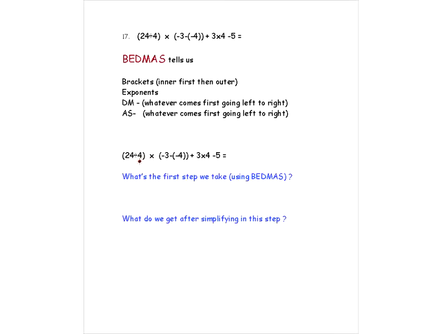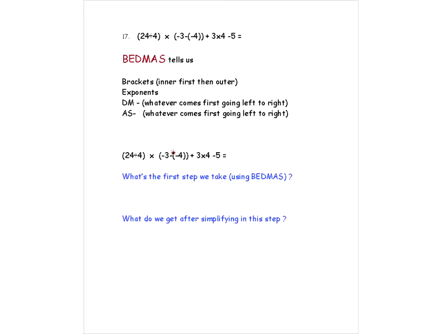So can you guys tell me, Ariel, what we get when we simplify this bracket? And Matthew, can you tell me what we get when we simplify this bracket? Okay, so we got 6 here. And remember, when we have 2 minuses, that's just like a plus, right?